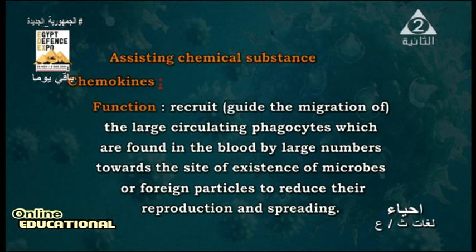What is the assisting chemical substance? Assisting chemical substances are chemical substances found inside the body that help the body overcome any microbes that enter. These substances are secreted by the human body from the immune system, like the chemokinase and the streptokinase. They kill any foreign body and also help increase the immunity of the human body.